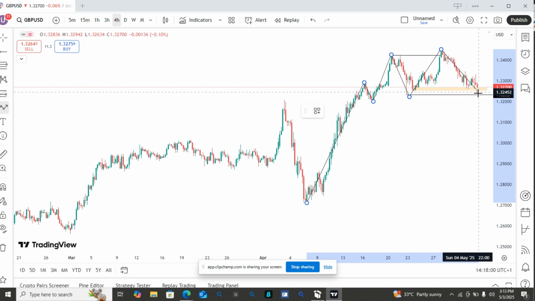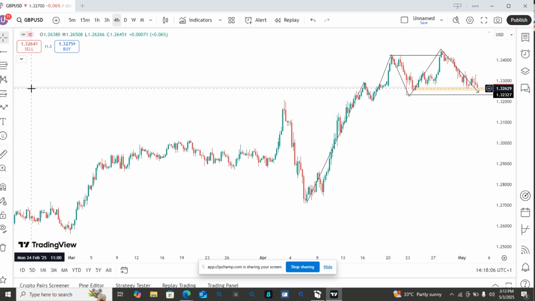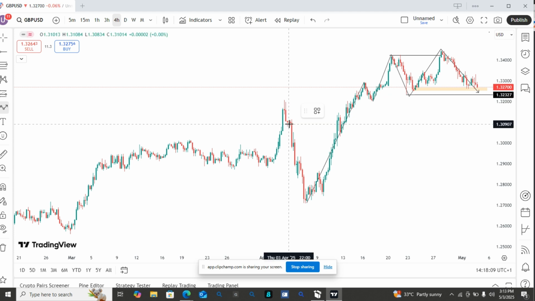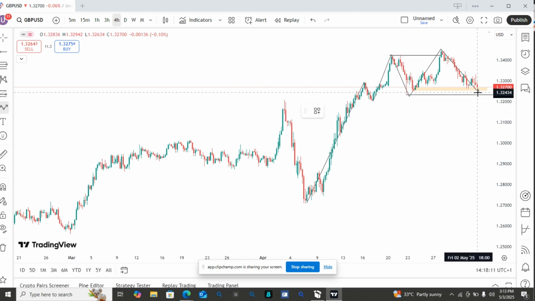So I'm expecting that price should be able to react from this zone and start moving up. Okay, that is my own view, that price will react on this zone and start doing what? Moving up to complete what the daily time frame is saying.